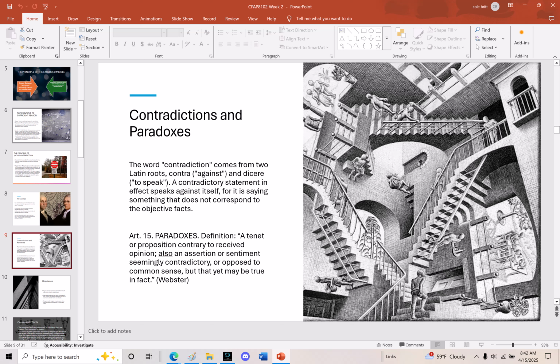Paradoxes are those things that seem to run against, speak against, our intuitions about reality. Okay? Look at the picture here. This is a drawing by the artist M.C. Escher. And it seems like there's stairs that go to nowhere, and there's sets of stairs that defy reality. That's a kind of example of what goes against, runs contra to our intuitions about reality.